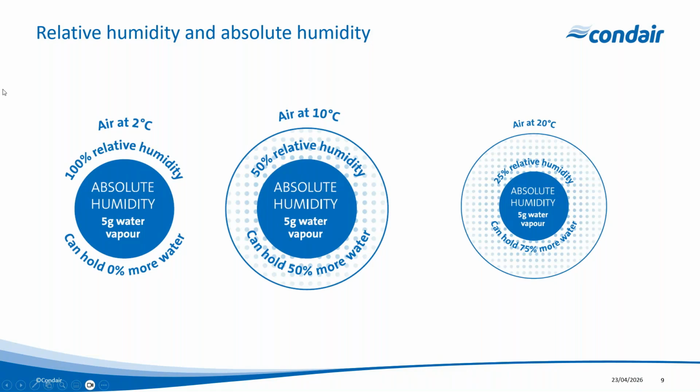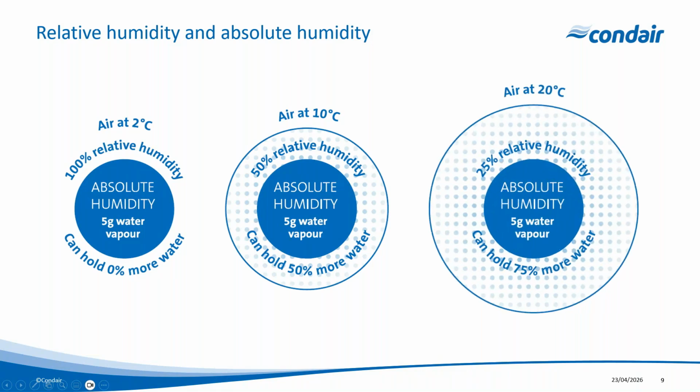Well, let's say I increase that temperature even more. And let's now say we have air at 20 degrees C. Now for 20 degrees C, I've still got the same amount of moisture, but I can hold 75% more water, so I'm only 25% saturated.